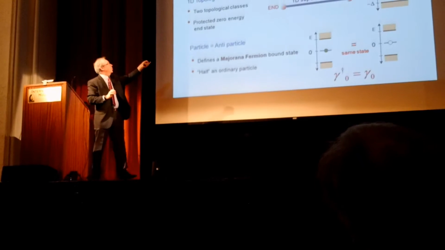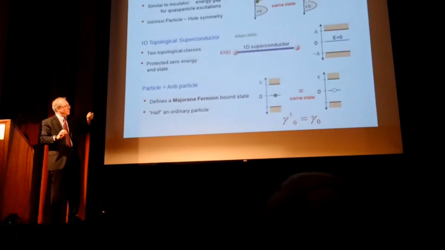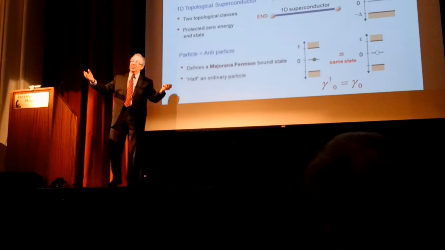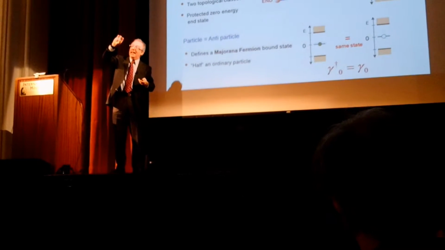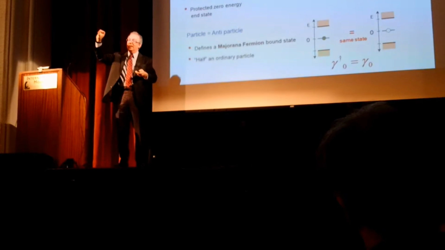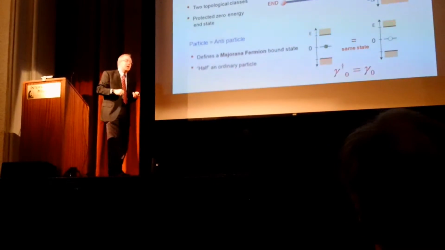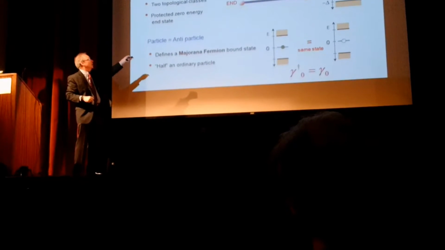So now you can ask the question, I have this energy gap. Are there topological states of this superconductor? I have an energy gap. Could there be states that I can't get to without having the energy gap go to zero? One way you can think about that is, what could happen at the end of the superconductor?